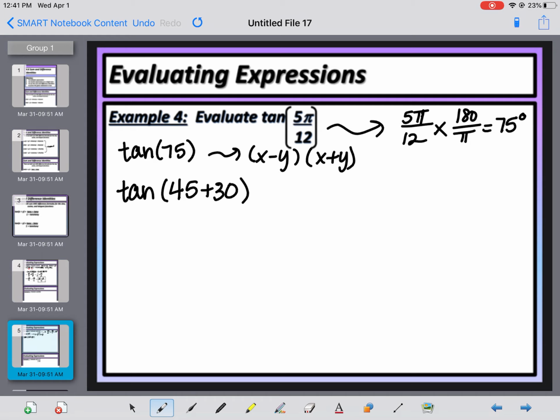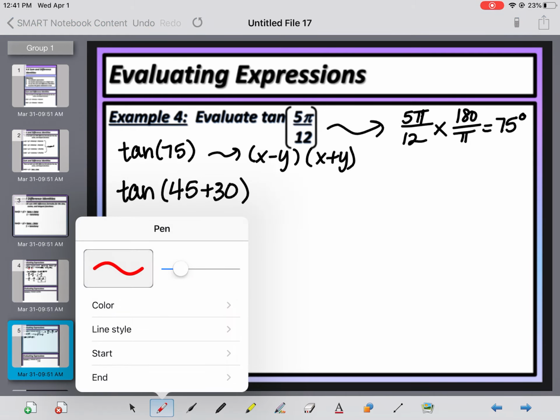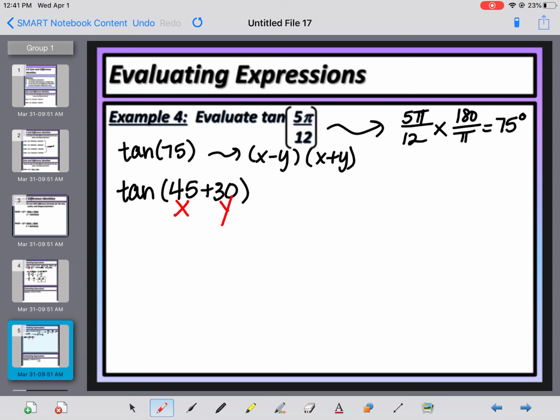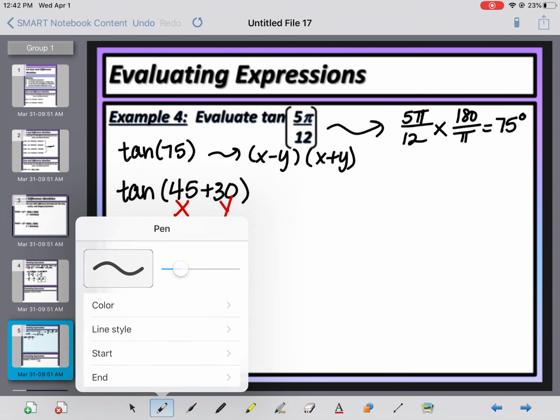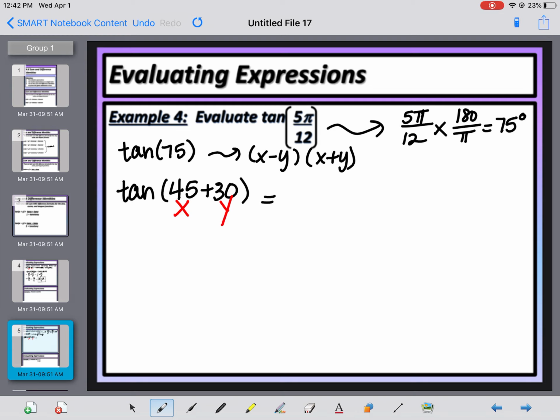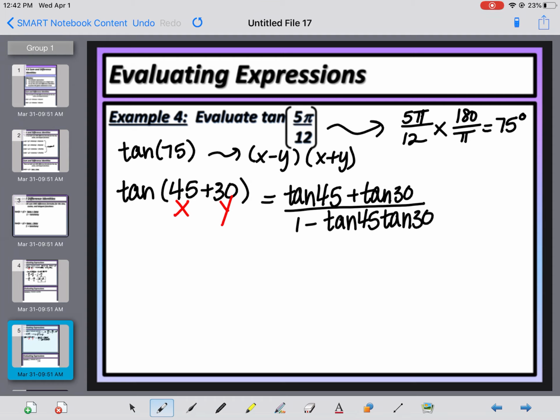This is my x and this is my y. I'm now going to plug them into my identity. So tangent of 45 plus tangent of 30, and now I can use my chart to get the values for tangent of 45 and tangent of 30.